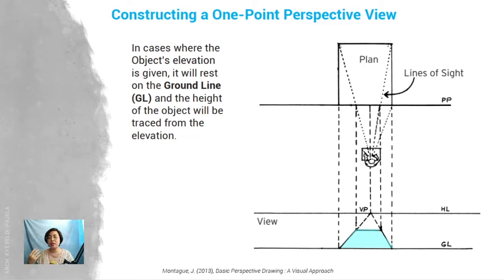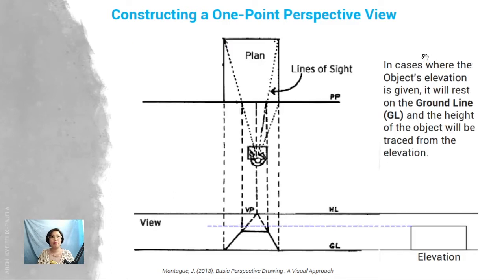So, it's another case kung ang object mo nakalutang naman. Okay? So, considering na meron tayong elevation, for example, kasi yung example natin dito, flat lang siya. Para lang siyang papel na nakalapat sa lupa, tiningnan mo. Okay? Kaya ganito yung itsura niya. Wala siyang height.